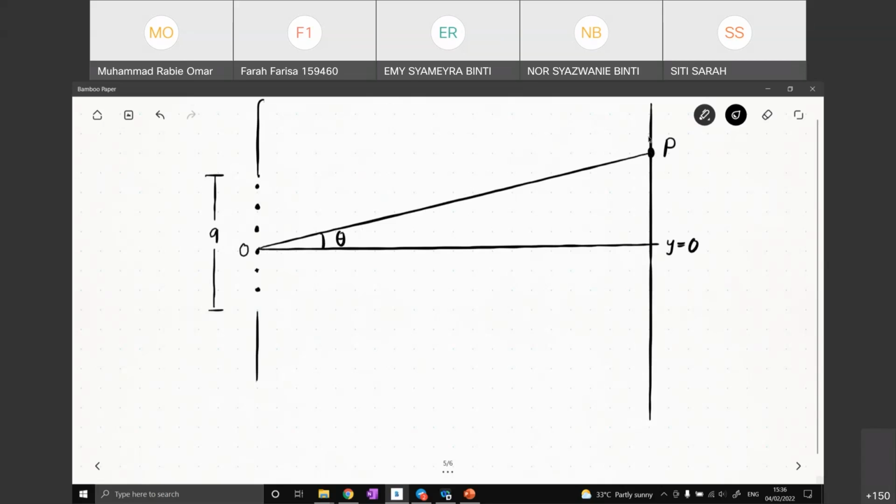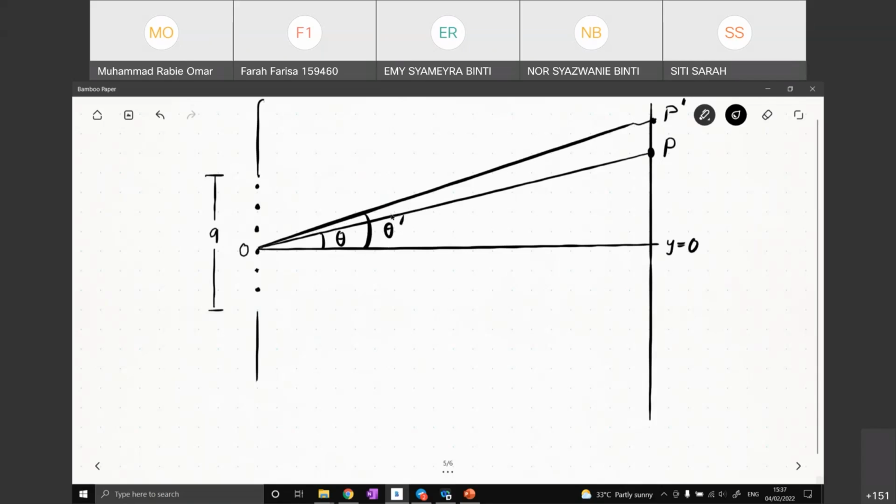So if I want to know the intensity of light over here, maybe this is P prime, then I have to draw another line from here to the point P here. And then I have another theta prime.